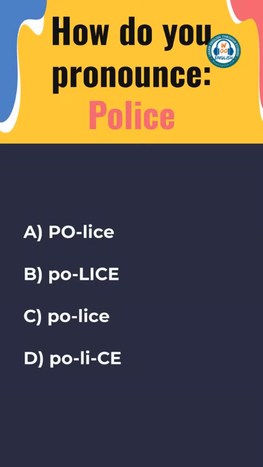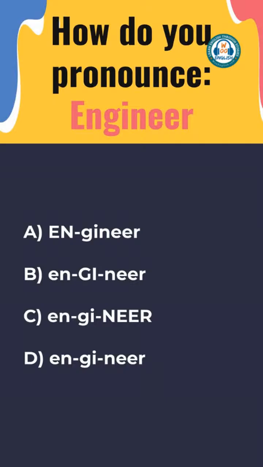I think I'm going to reveal directly. So the word is police, right? If you see a crime, please call the police, right? Police. So the second syllable, "lease," is the one that is stressed in the word police. What about this word? Is it A, B, C, or D? Please write for me your answer in the chat.